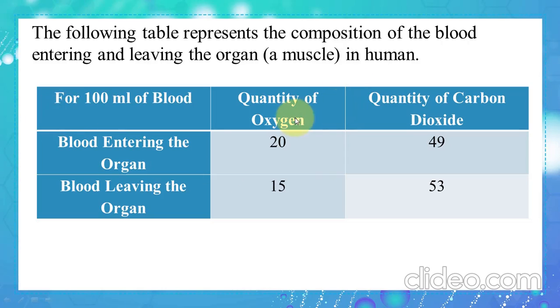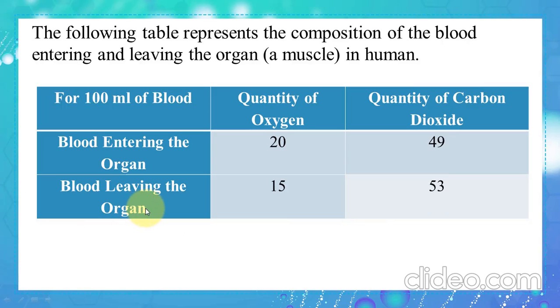So this table shows the quantity of oxygen gas and the quantity of carbon dioxide gas in the blood entering the organ. Also, it shows the quantity of oxygen gas and the quantity of carbon dioxide in the blood leaving the organ.